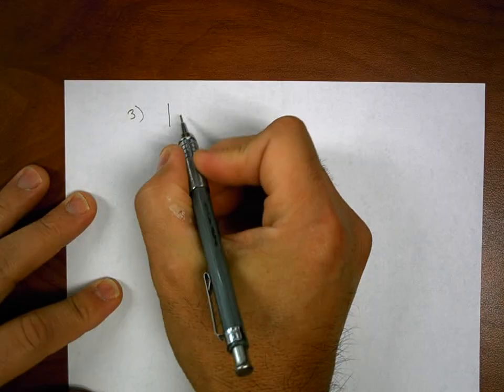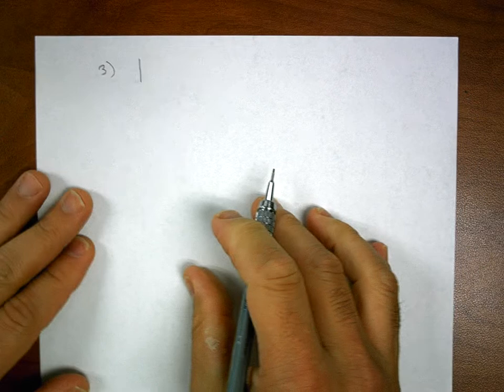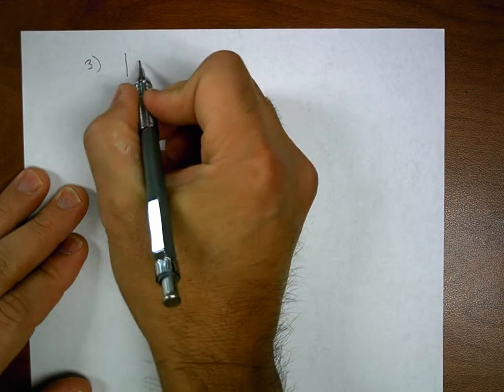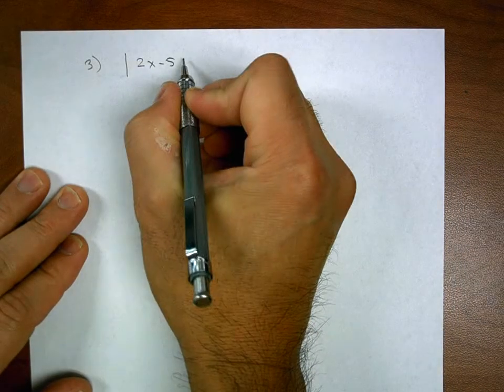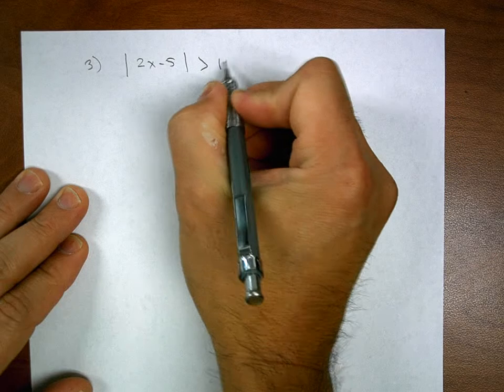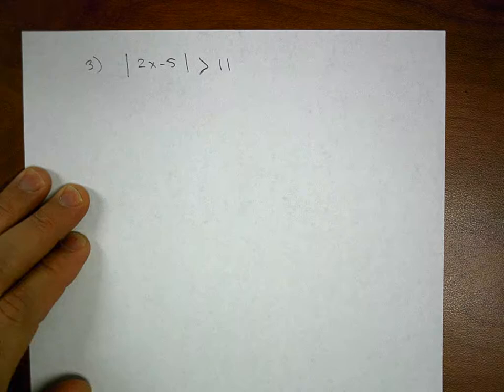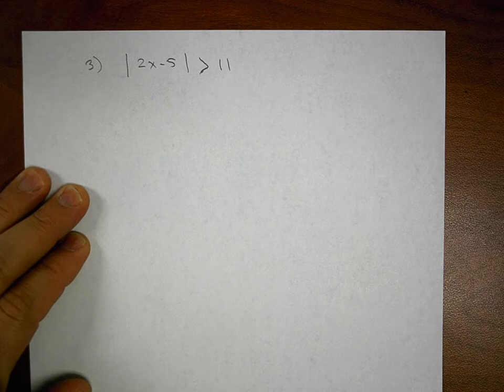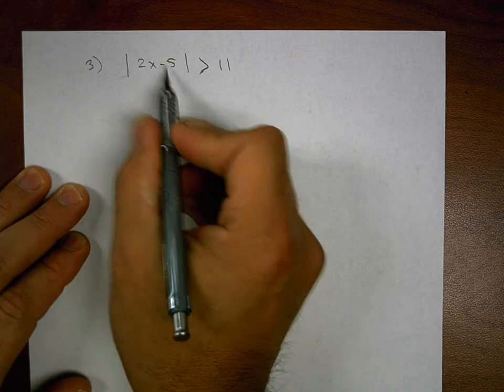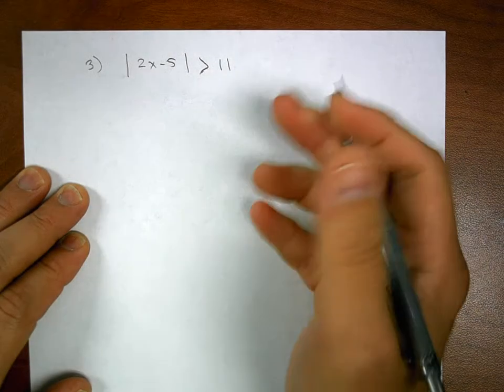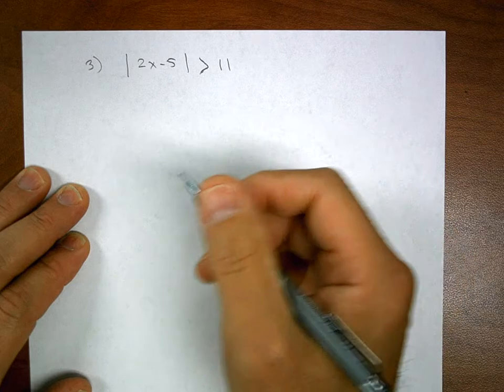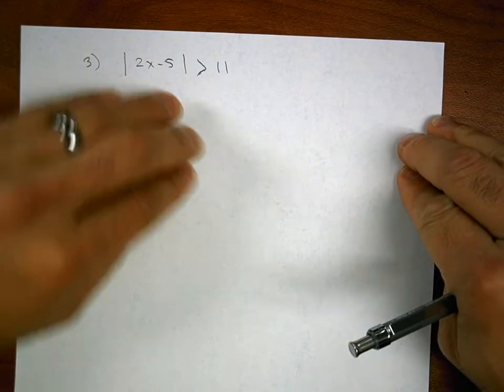Absolute value, we're just going to do this algebraically. Absolute value of 2x minus 5 is that. Is this a greater or a less than problem? Greater. So this is greater than 11. If it's a greater, then we split it, way out there, way back there.